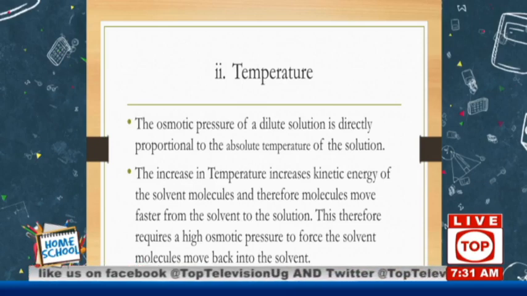That's why we are saying osmotic pressure is directly proportional to absolute temperature. We have now explained it: you increase the temperature, osmotic pressure will also need to be high. You lower the temperature, the osmotic pressure is very low. The pushing force should be equal to the pulling force. I don't know whether you have got that one.